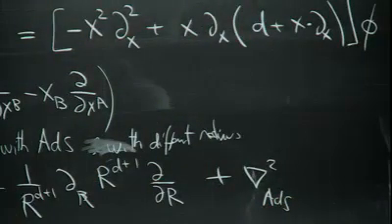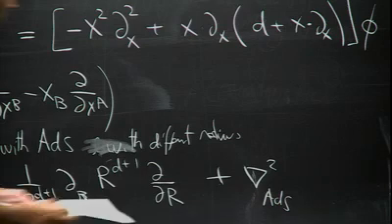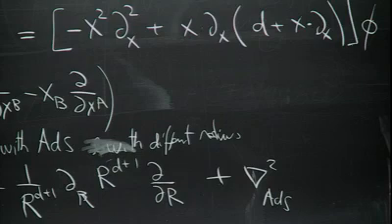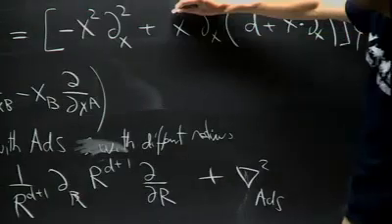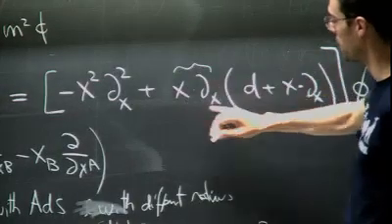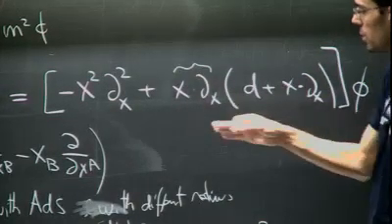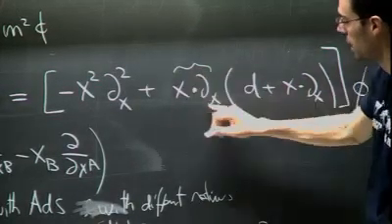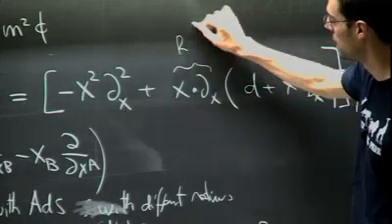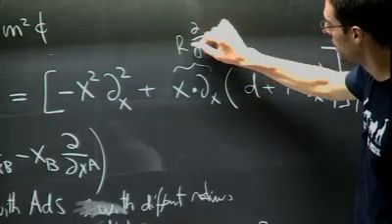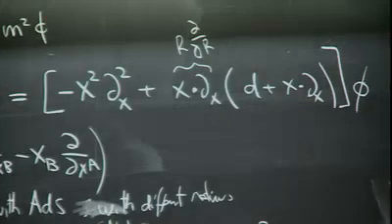This is like spherical coordinates, nothing more than that. These derivatives are precisely a derivative along the norm of AdS, so it's x dot d/dx, just r d/dr in the other language.